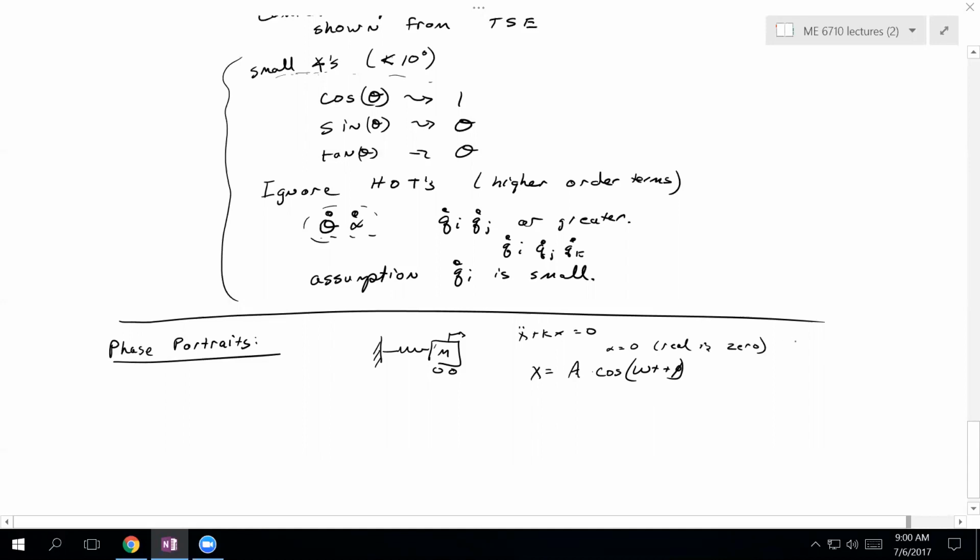We can see that my r would be the square root of negative k, and I'd get plus or minus that, so there's no real part here. So that's my solution: x is A cosine omega t plus phi. My x dot is negative A omega sine of omega t plus phi.